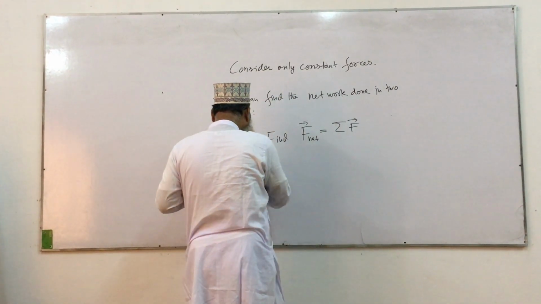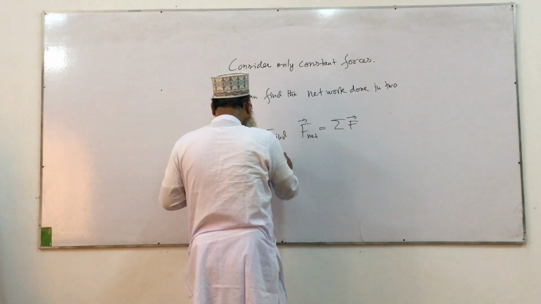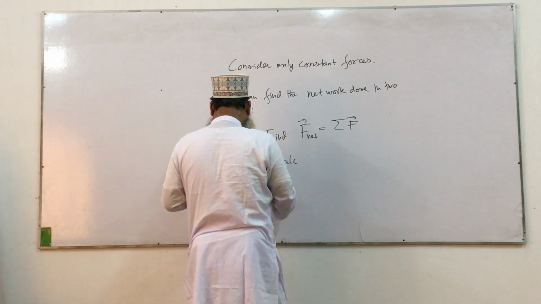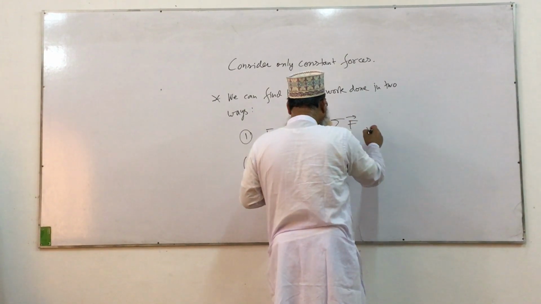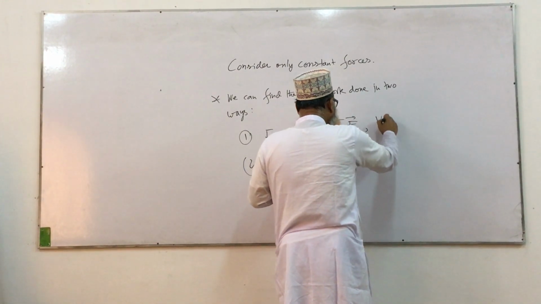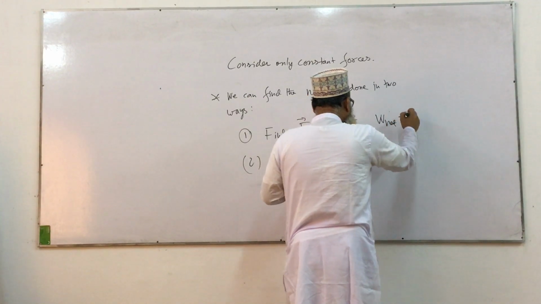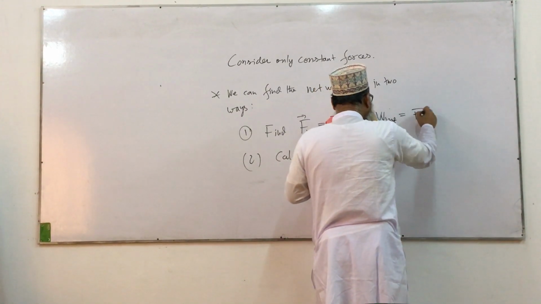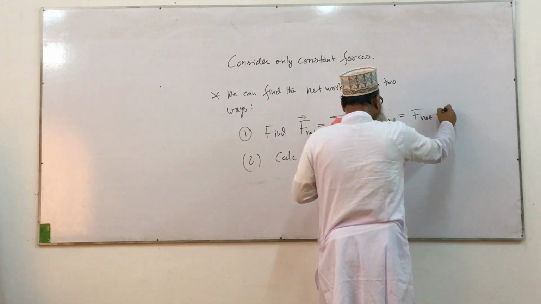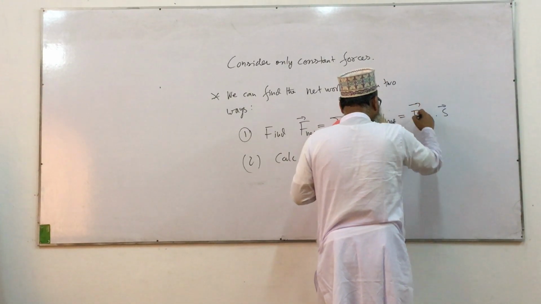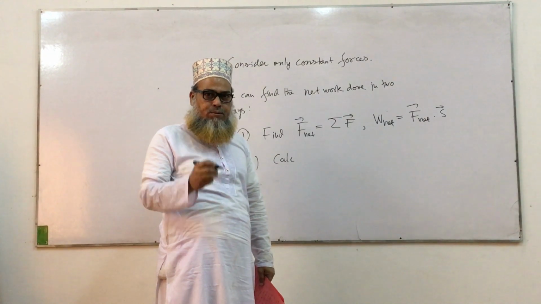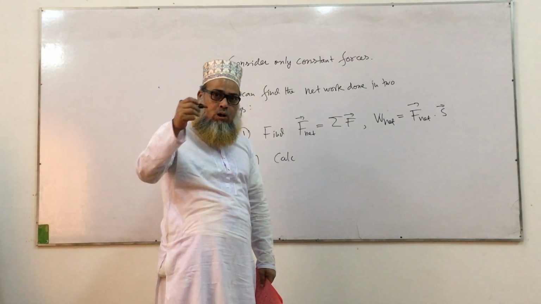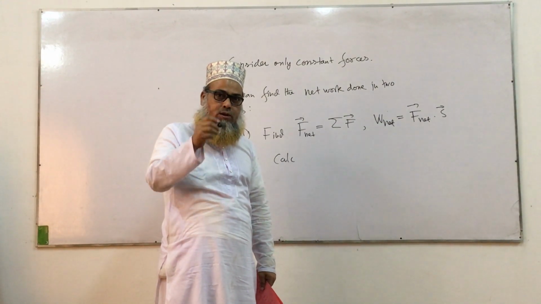Number two, the second way, calculate, but let me say something more about the first case. W net will be then F net dot S. S is a displacement caused by all the forces acting on that body.